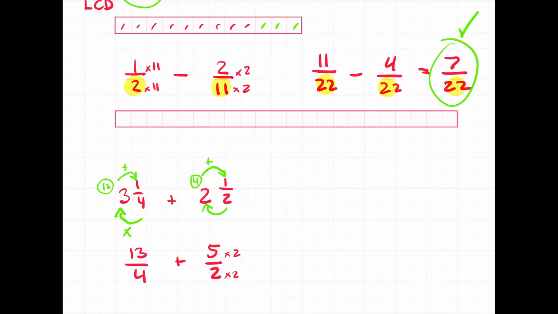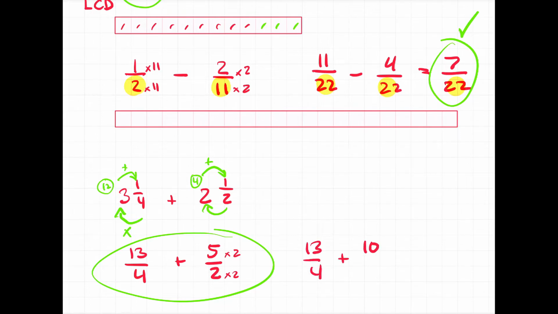So if I rewrite this one to the right here, I have 13 over 4 plus 10 over 4. Yes, the answer has to have the same denominator, 4, 4, and 4. And I'm going to now add those together. So 13 plus 10 is 23. So the answer is 23 over 4.